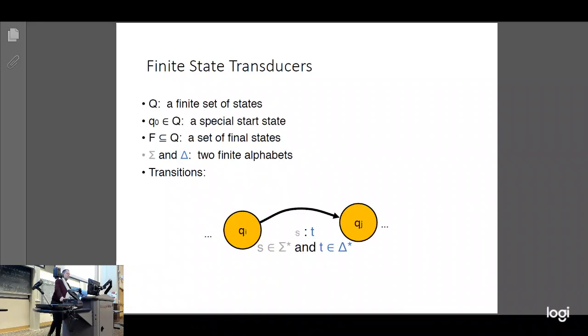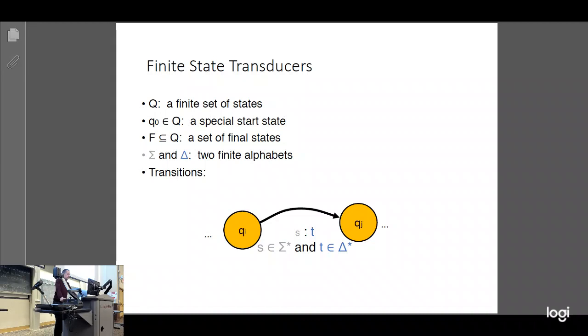So a finite state transducer looks a lot like a finite state automaton. There are a finite set of states Q, a special start state Q0, a set of final states F. But rather than having one alphabet, there are two alphabets. There are sigma and delta. And then there are transitions.